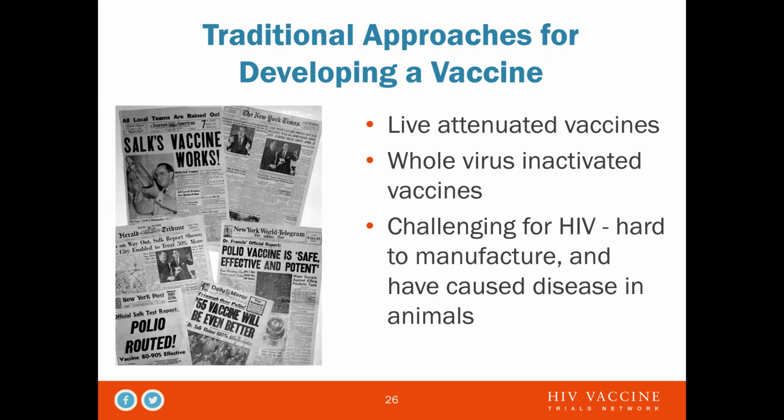An unfortunate incident like this with the polio vaccine in the 1960s, known as the Cutter incident, resulted in some people actually being infected with polio because of getting vaccinated due to a manufacturing issue. Up until now, researchers have not been willing to accept this risk with HIV. So these methods have not been used in human studies for preventive HIV vaccines.